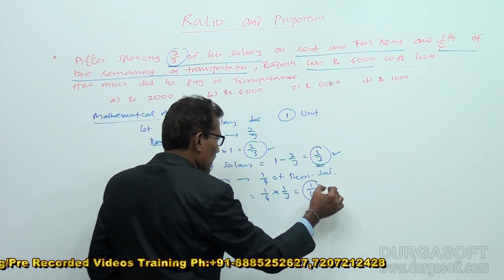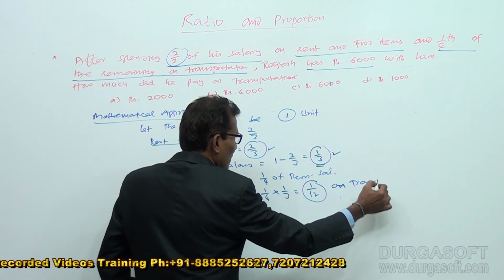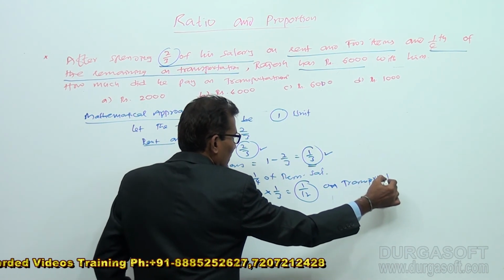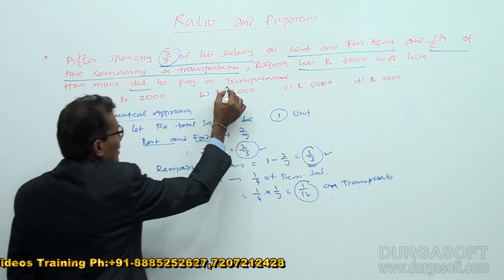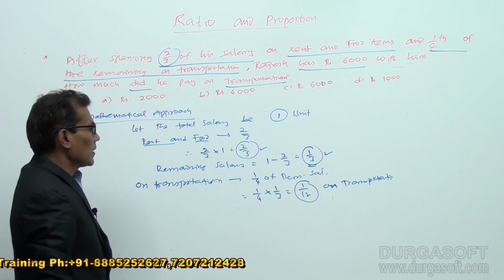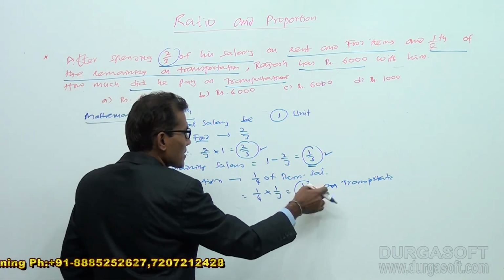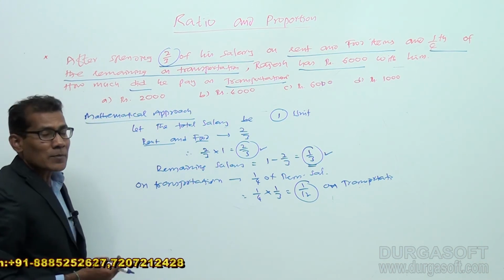This is the amount spent on transportation. According to our question, we need to find how much he spent on transportation, which means we need to find the value of 1/12. 1/12 is spent. Now we have to find the remaining amount.